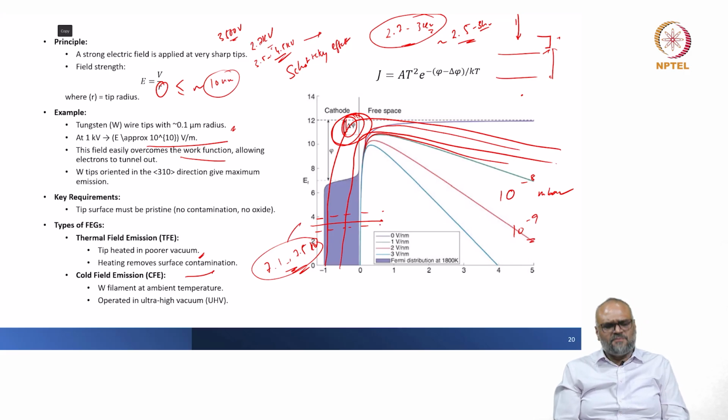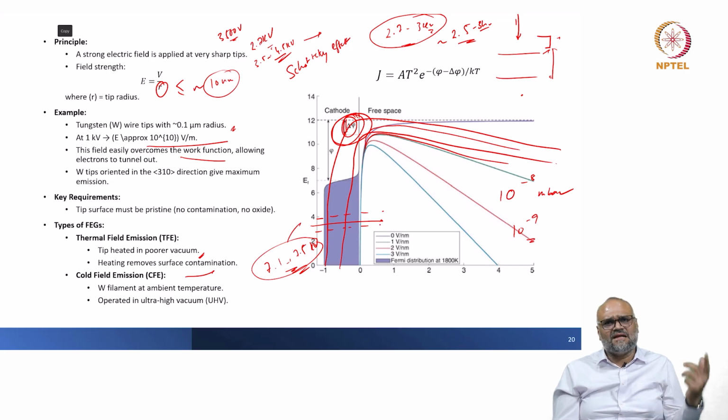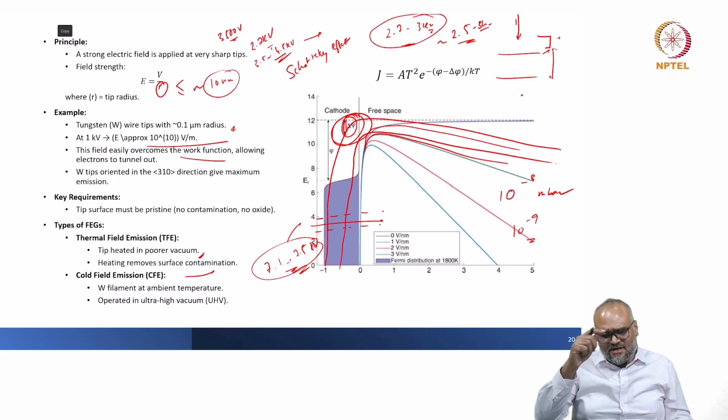It can run over a period of 1 year, 2 years or even more, and typically the lifespan of a thermal field emitter is over a duration of 2 to 3 years.